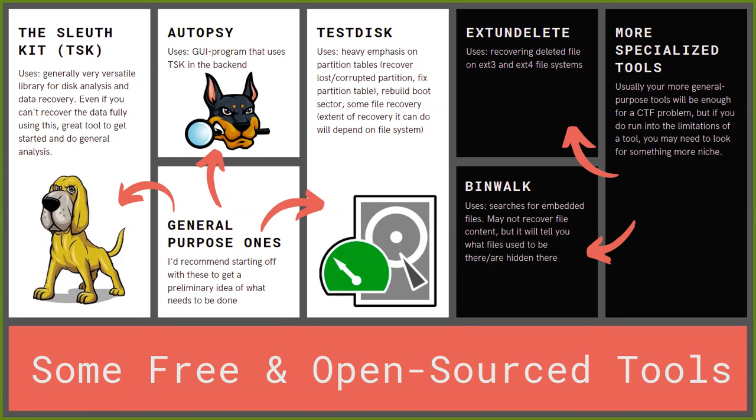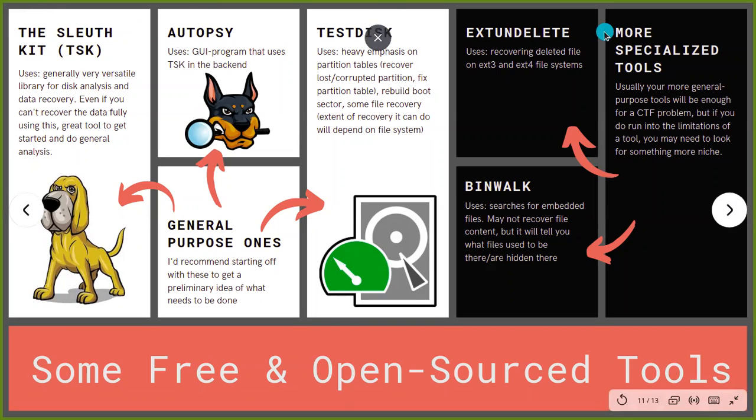The other one that I've seen people use a lot is Autopsy, which is really just a front end to The Sleuth Kit. And The Sleuth Kit is a giant library of different disk analysis programs that you have access to. So it's really good for general forensics problems.